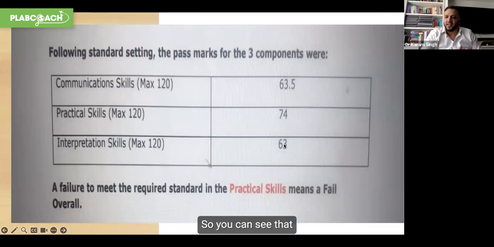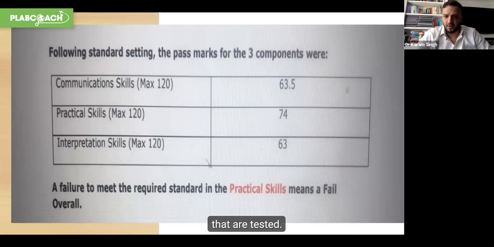So you can see that there's a difference between the 3 different types of skills that are tested. You have to score above that. So it's not passing a set number of stations. You don't have to pass 3 out of the 6 to pass the exam. No, it's getting the adequate number of marks to pass the exam.